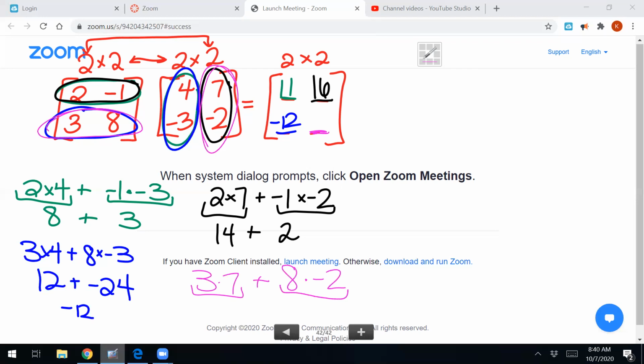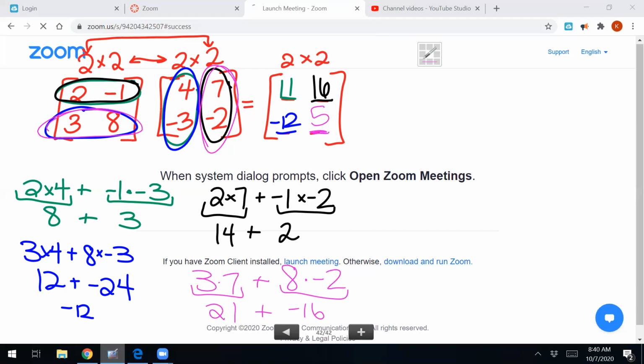That's 21 plus -16. What's that going to be? Is that 4? 5, +5. Let me double check because I really don't know. Yep, +5. And so that's your answer.